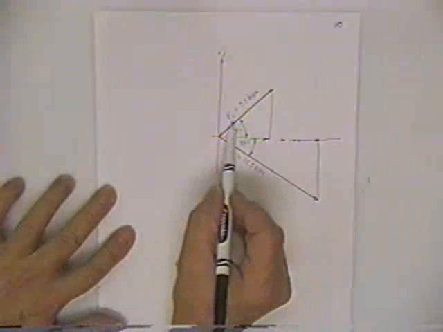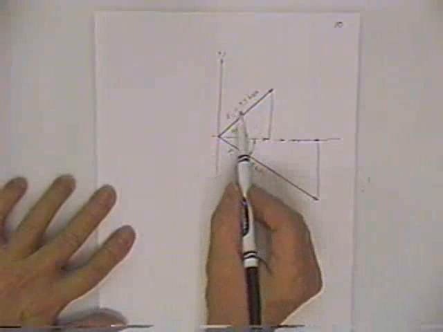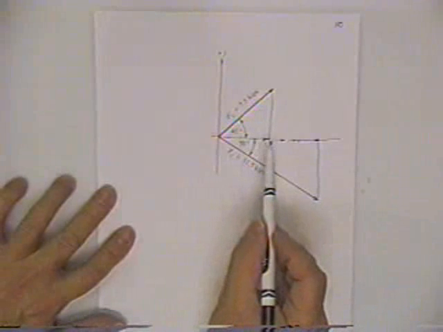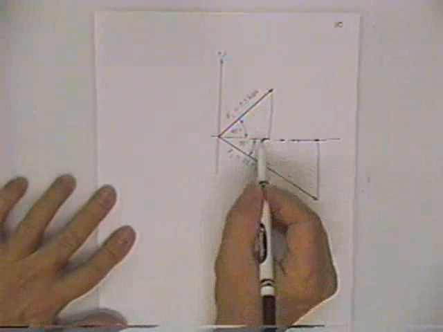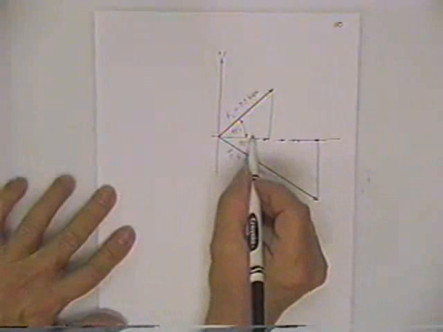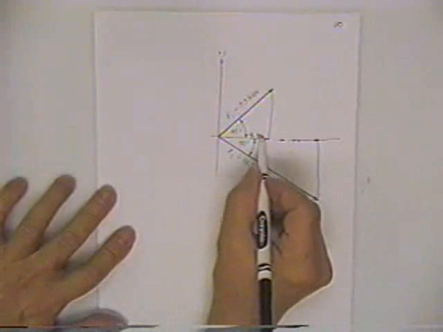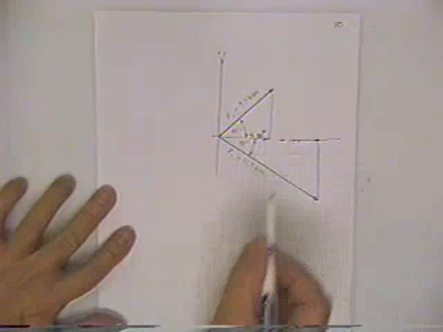we're going to take the horizontal component of the F1 force. We'll multiply 7.5 kips times the cosine of 45 degrees, and this projection on this axis then would be 5.30 kips.